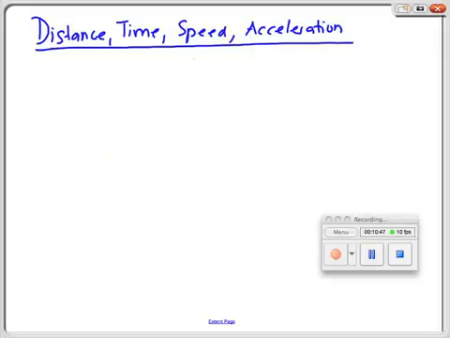So let's move on to acceleration. The formula for acceleration is the change in velocity divided by the time. And the change in velocity is always represented by a delta sign. Delta v stands for the change, and this is divided by the time. So what does this actually mean?